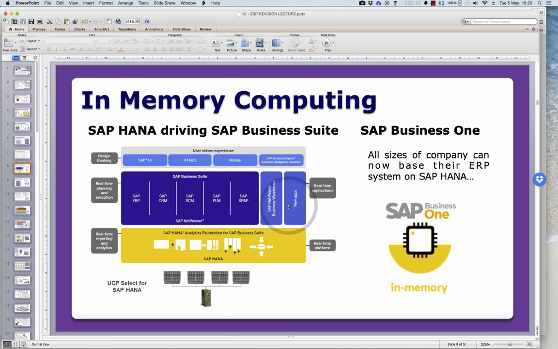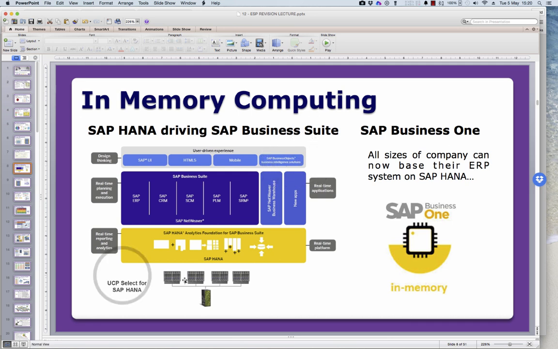You have SAP NetWeaver Business Warehouse alongside Business Suite. Here's the user interface, and there are various different ways of interacting with the system, like mobile or via websites running on HTML5, or through business objects, business intelligence tools, data visualization, that kind of thing.